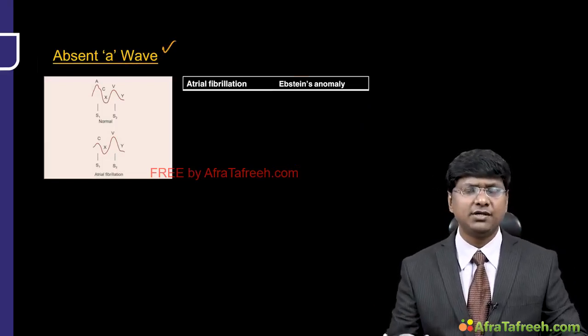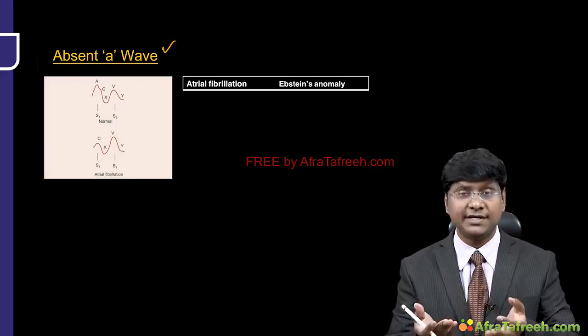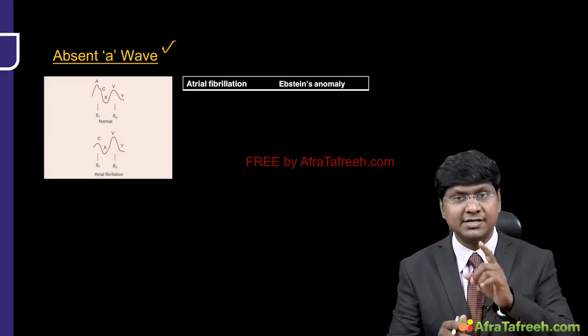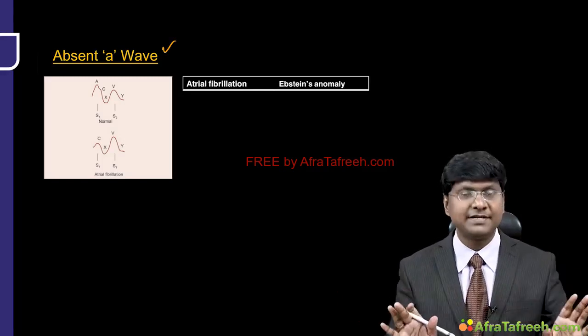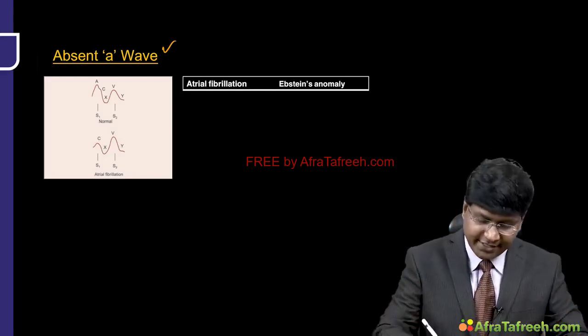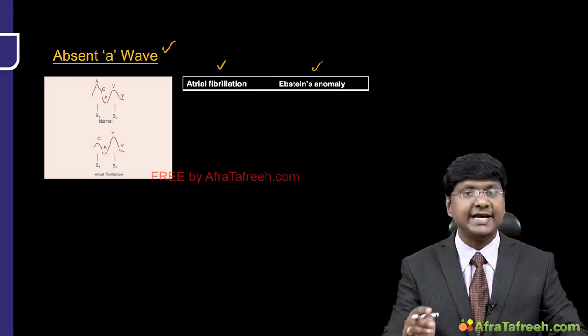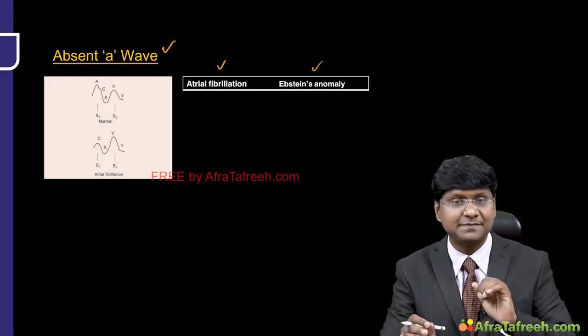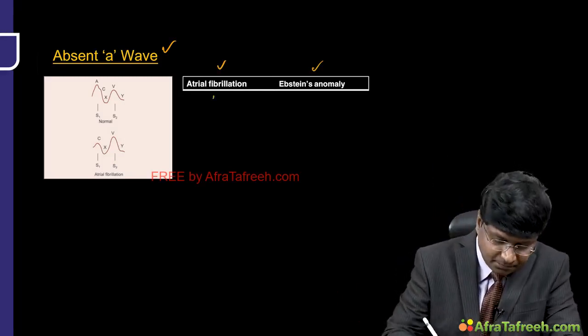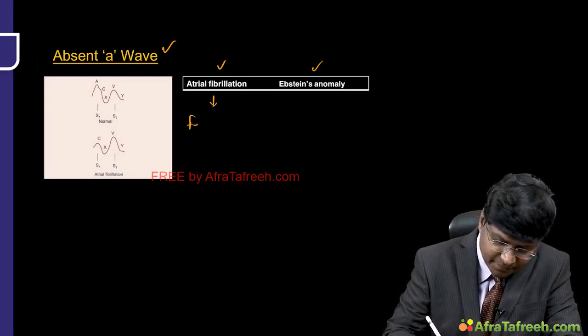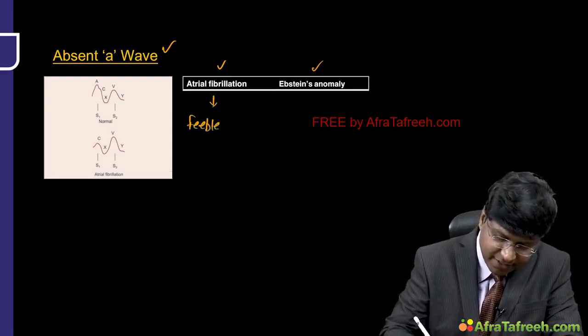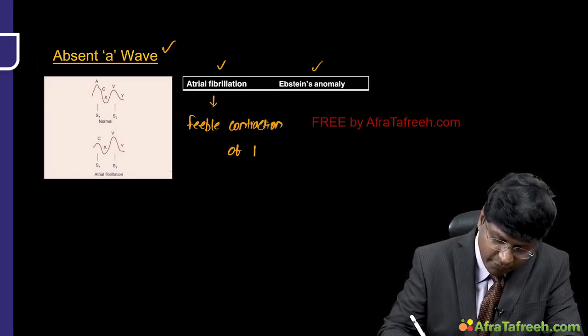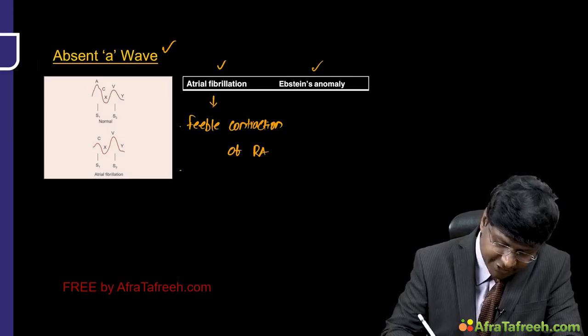Then you should know the conditions where there is the absent A wave. Absent A wave means what? The pressure within the atria is not increasing during the atrial contraction. That is the representation of the absent A wave. And you can have that in two conditions. One is atrial fibrillation and the other one is the Epstein's anomaly. So in atrial fibrillation, it is the feeble contraction of the atria. Now in atrial fibrillation, what will be the rate of the atrial contraction?